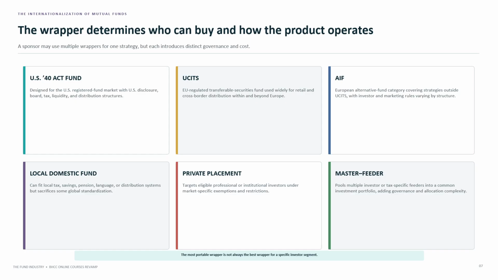That can expand access, but it also multiplies legal entities, boards, audits, tax work, documents, service provider relationships, and oversight. The most portable wrapper is not always the best wrapper for the intended investor. A passport is valuable. So is arriving at the correct destination. Choosing a wrapper because every competitor has one is not strategy. It is regulatory peer pressure with annual fees.